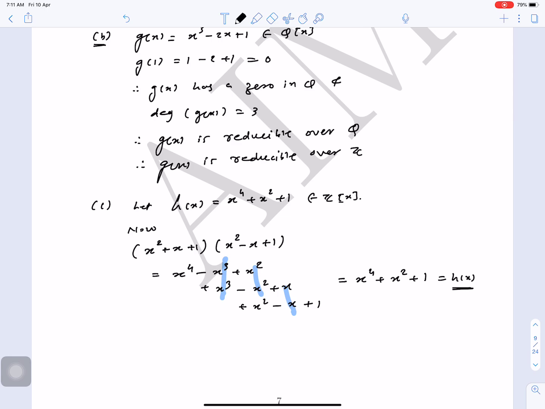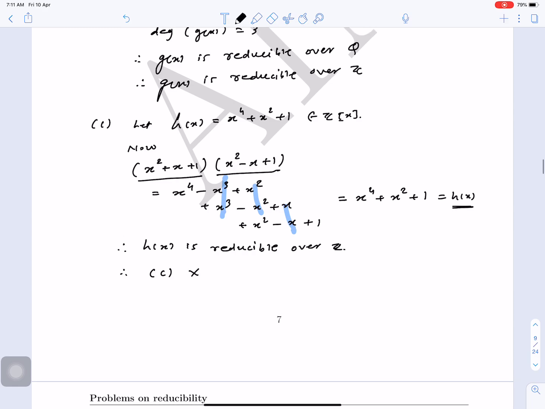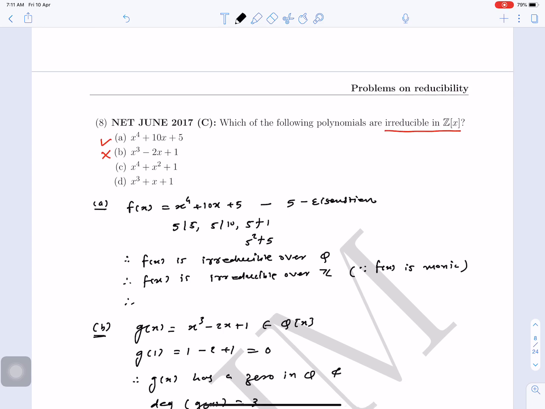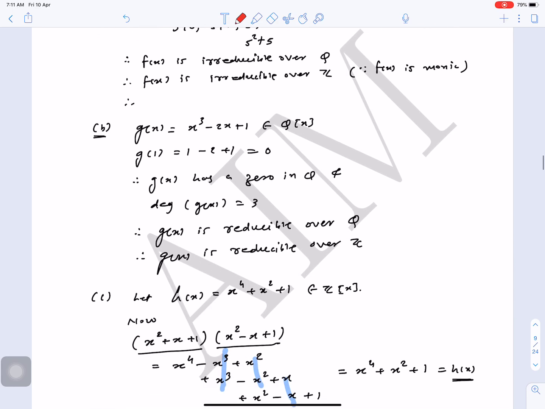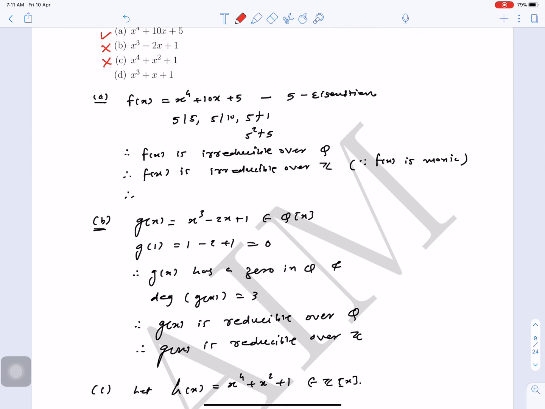So h(x) is a product of two quadratic polynomials and both are in Z[x]. So therefore h(x) is reducible over Z. So therefore option C is wrong, because we are interested in irreducible polynomials. Now option D.